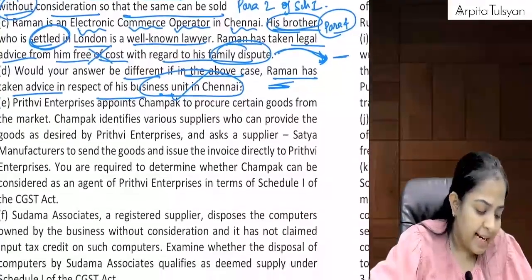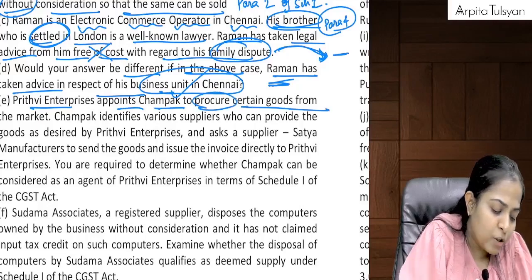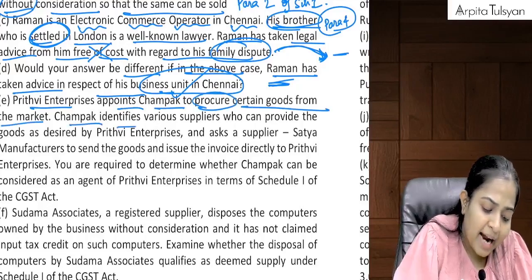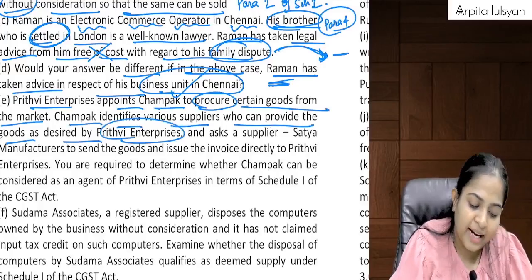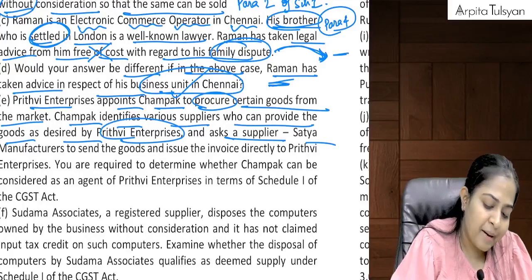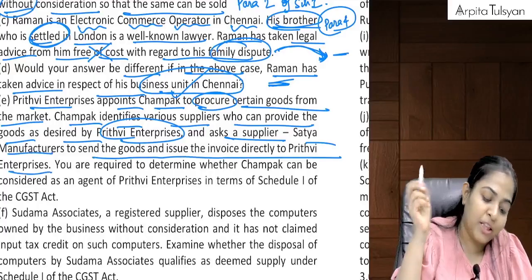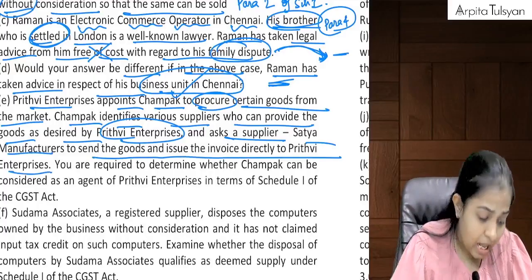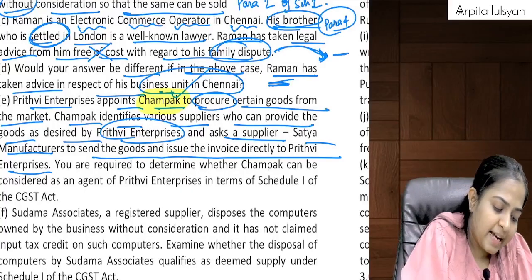Right? Then the next one: Prithvi Enterprises appoints Champak to procure certain goods from the market. Champak identifies various suppliers who can provide the goods as desired by Prithvi Enterprises and asks a supplier, Satya Manufacturers, to send the goods and issue the invoice directly to Prithvi Enterprises. So basically, who is the agent? Can we say Champak is the agent here?